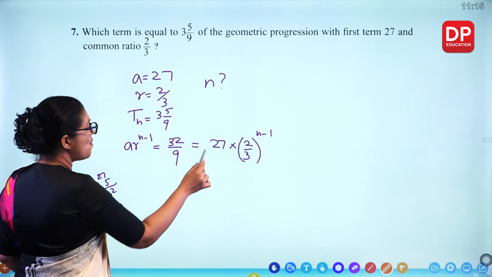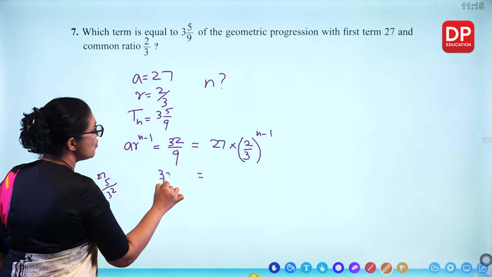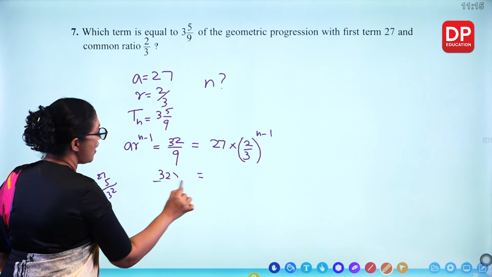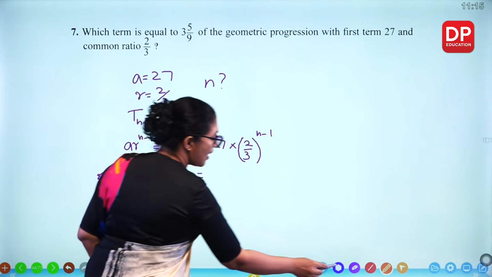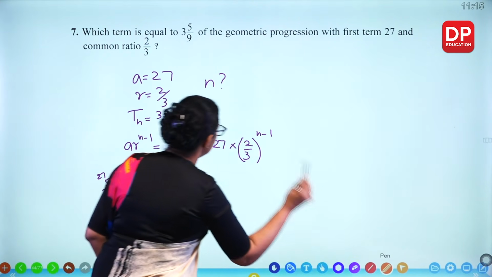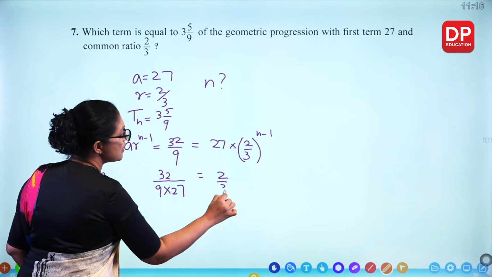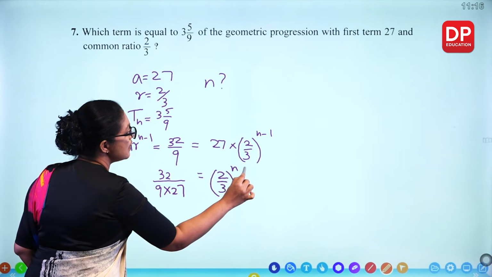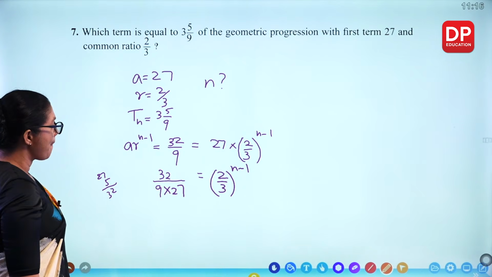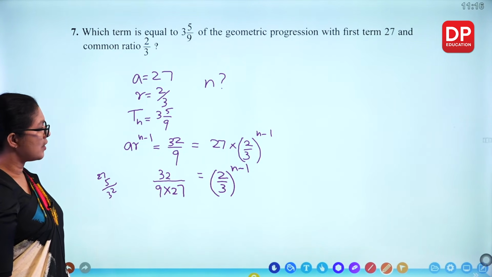Now we'll take 27 to this side. 32 divided by 9 and 27 comes here. That's 2/3 to the power n minus 1. Try to simplify what you get.